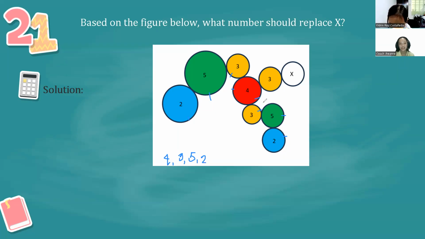So it is safe to assume that, given that the other 2 have the same pattern, this also has the same pattern. So this one here, 4, should be followed by 3, 5, and if there is another ball here, that would be 2. But we are only looking for this one. So the answer is 5. What's the correct answer? The answer is 5.